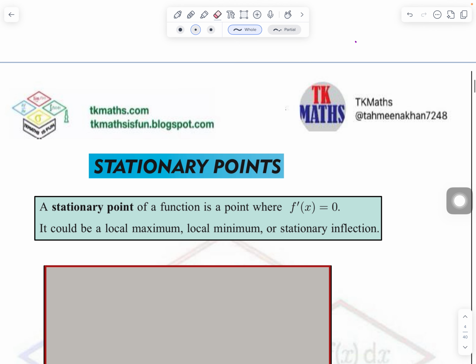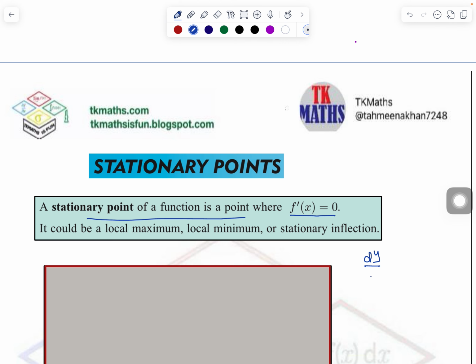So let's see what is a stationary point. I will give you visual understanding as well, but at the same time you should know when you read mathematical language it should make sense to you. So a stationary point of a function is a point where the rate of change is 0. Why did I use the word rate of change?